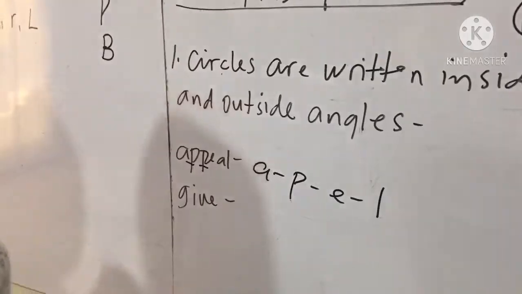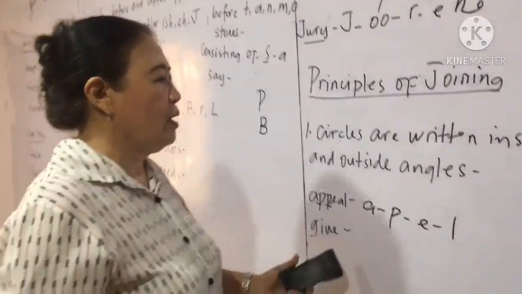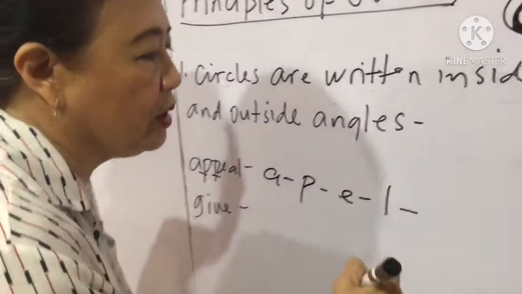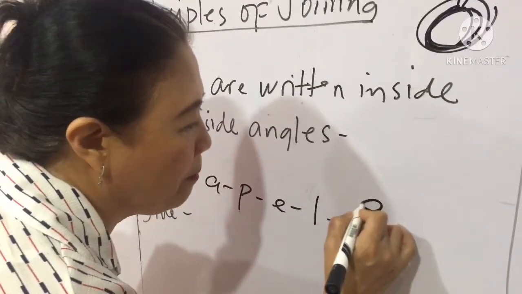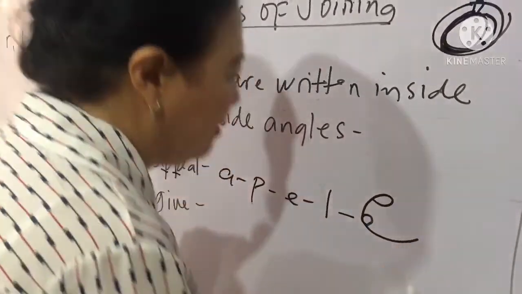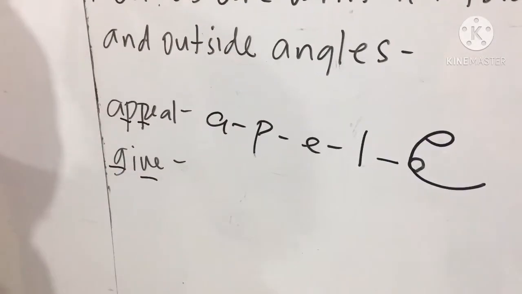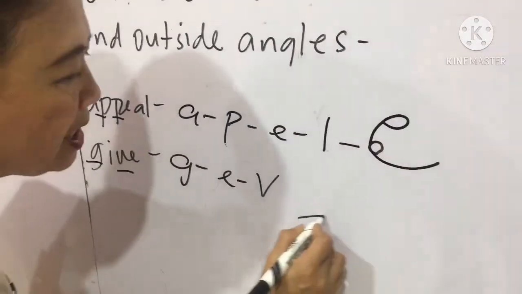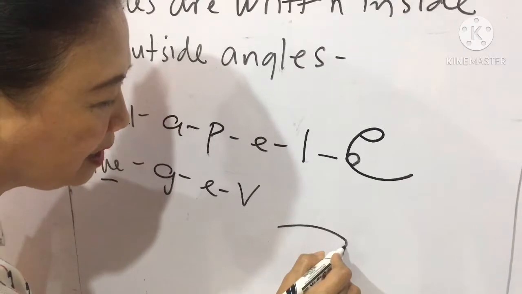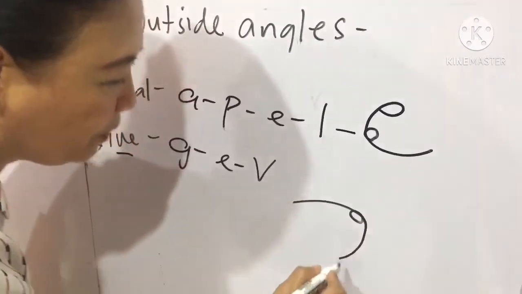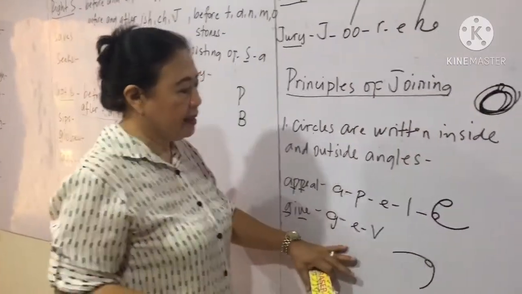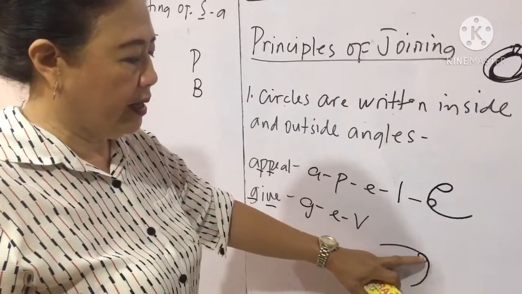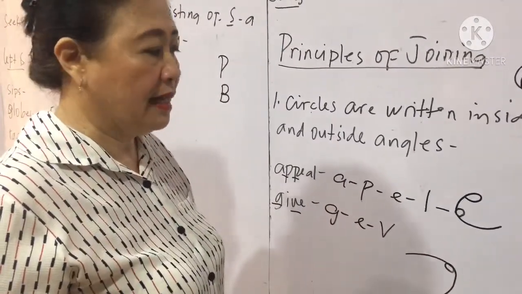P is considered left motion, therefore the circle is written using counterclockwise: counterclockwise A, P, then counter E and L. So for G and V, we have G, E, and V. So that is G, therefore we have to use clockwise, G and V. Therefore, when the circle is joined to right motion, the circle, E or A, is written using clockwise.